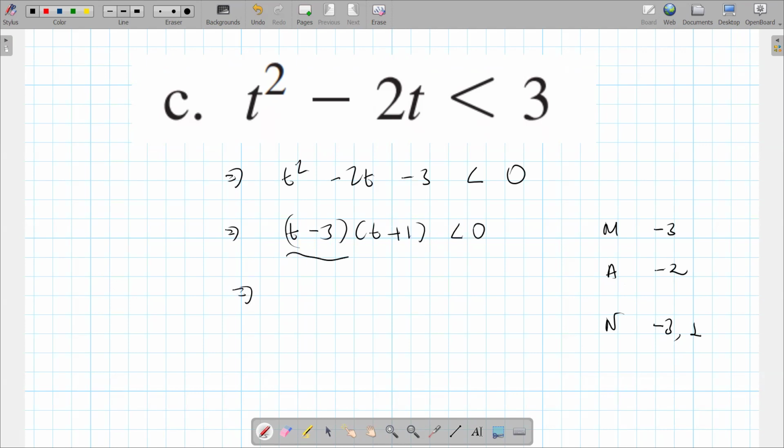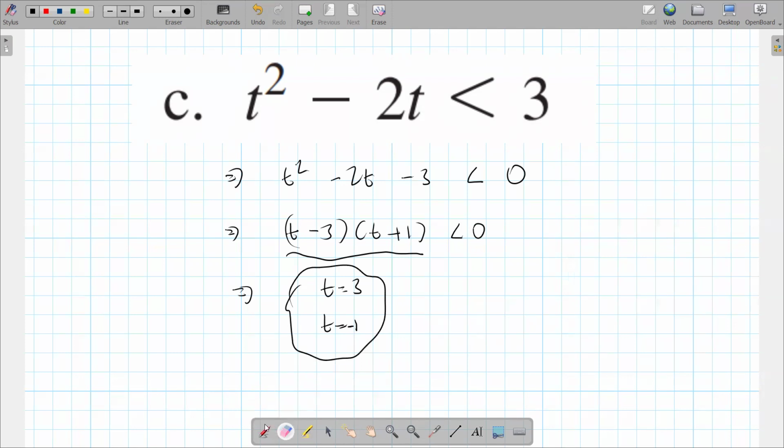So we can graph this function. We know the two x-intercepts. Where are they? The two x-intercepts are at 3 and at -1. We want to see where this quadratic function is less than 0, in other words, where it's negative.